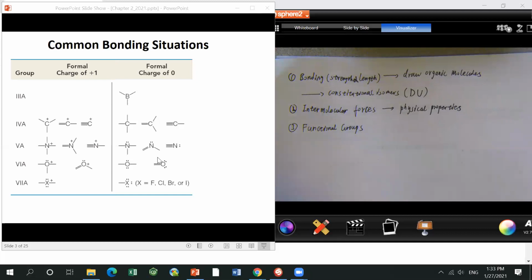For example, a positively charged carbon has 3 bonds: 3 single bonds, or 1 double bond and 1 single bond, or 1 triple bond.